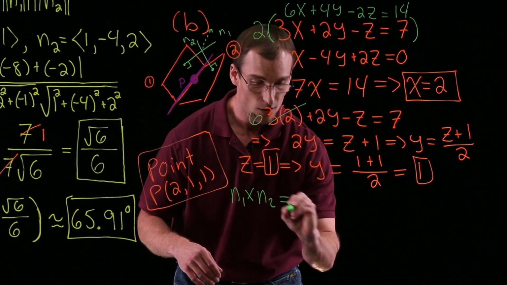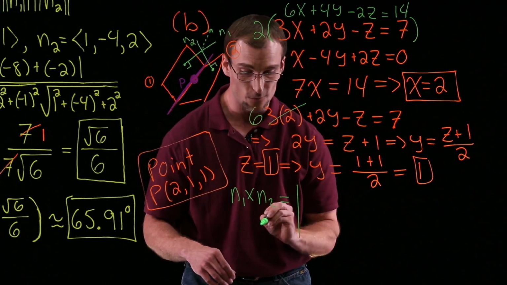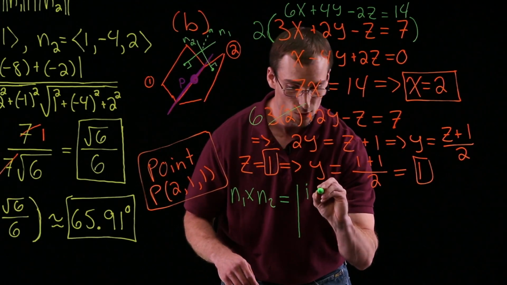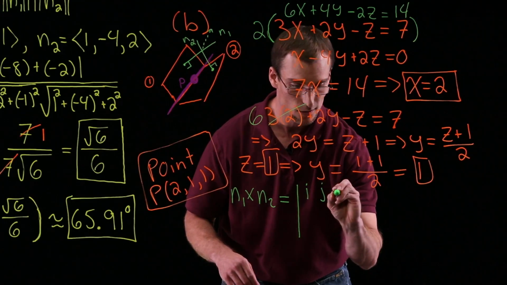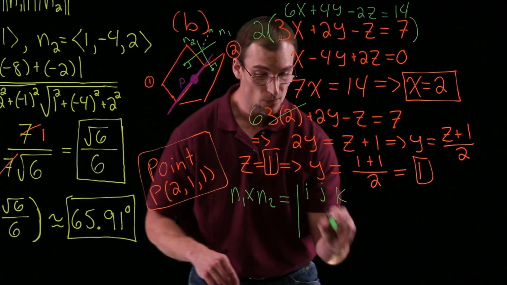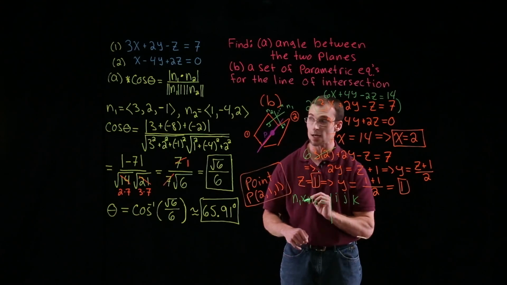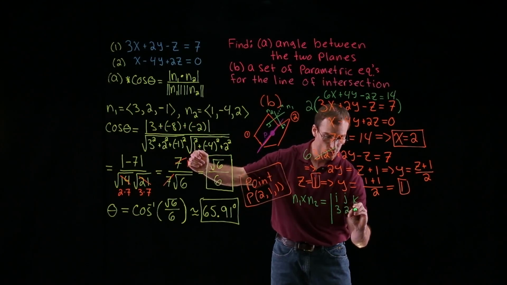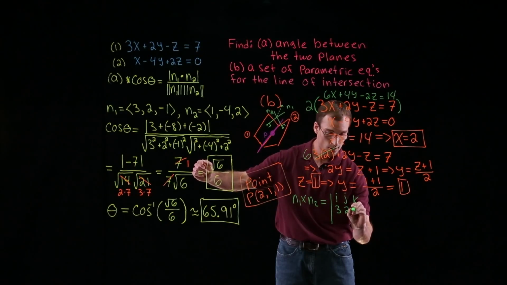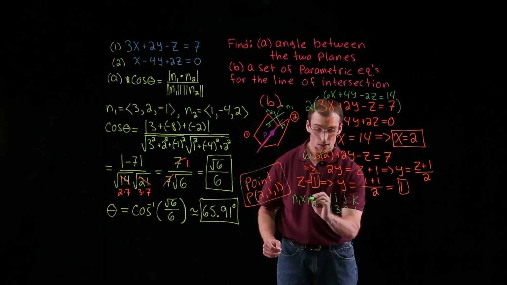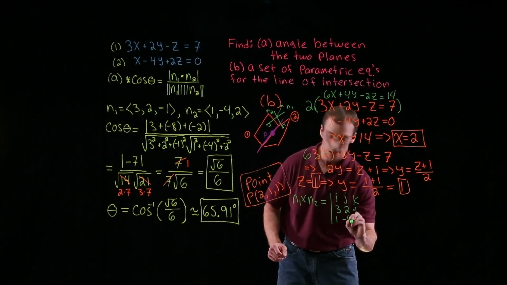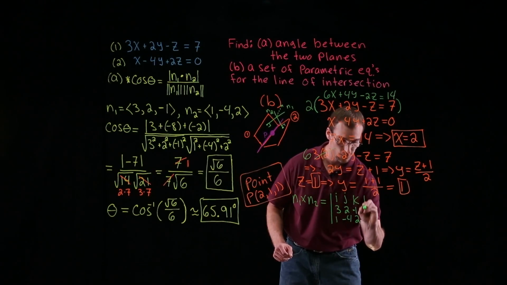So for our cross product, we'll use the determinant form. Take the determinant of our 3 by 3 matrix. Our top row is the unit vectors i, j, and k. The next row is the components of n1, which are 3, 2, and -1. The last row is the components of n2, which are 1, -4, and 2.